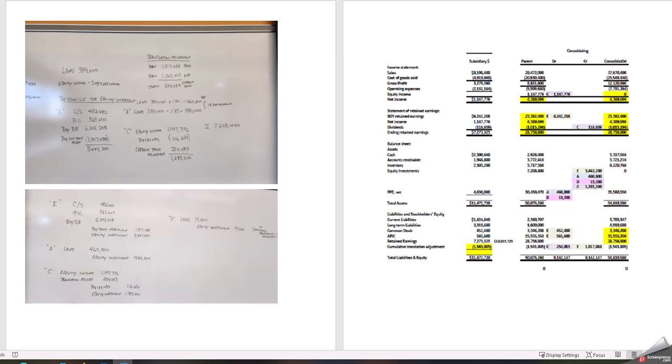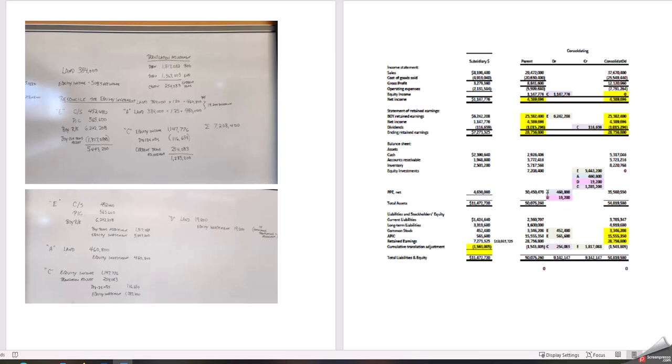Now I feel like the book may summarize it in with the translation adjustment. They add an extra little table in the middle here that I don't do, so that's a little bit different. I kind of streamline it all into our regular statements that we have. But then you can see we have our same things, our E entry eliminating common stock, paid in capital, beginning of the year retained earnings, and now the beginning of the year translation adjustment as a credit.